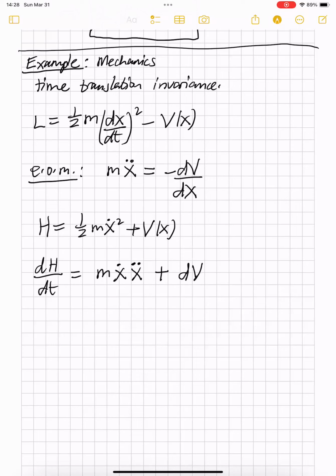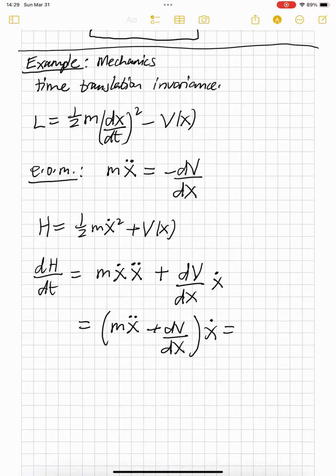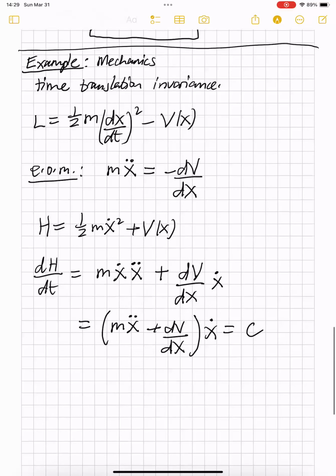So using the product rule, this is dV/dx, and then we differentiate x with respect to time. Well, let's take an x dot out, and we're left with m x double dot plus dV/dx times x dot. But we know that m x double dot is minus dV/dx, so m x double dot plus dV/dx is equal to 0. So indeed, the energy is conserved.